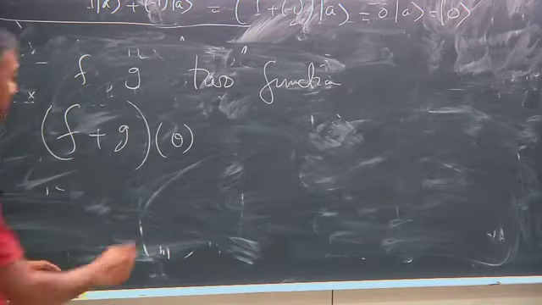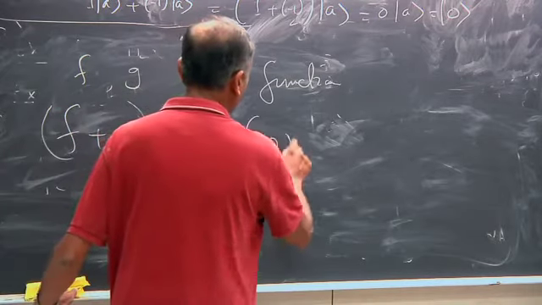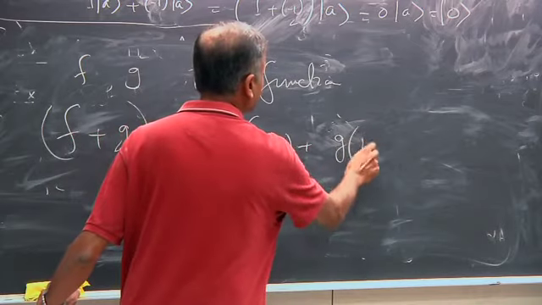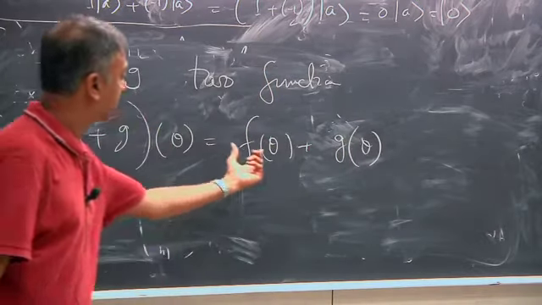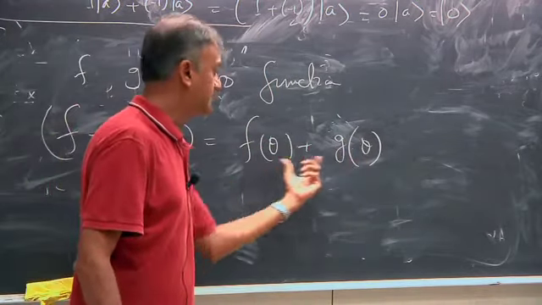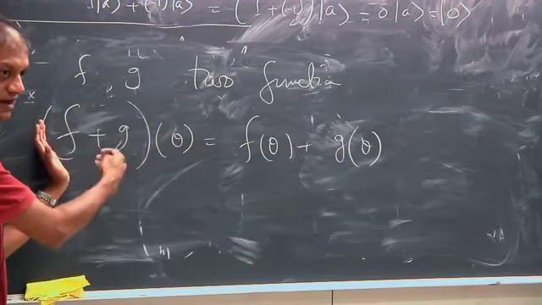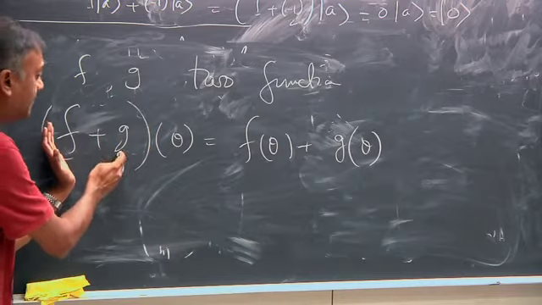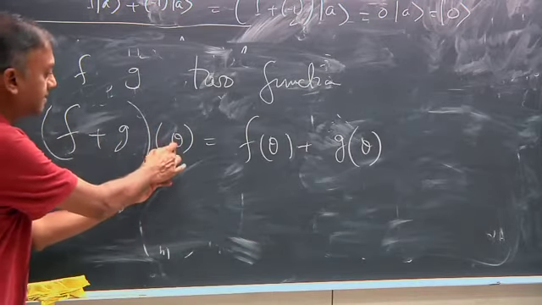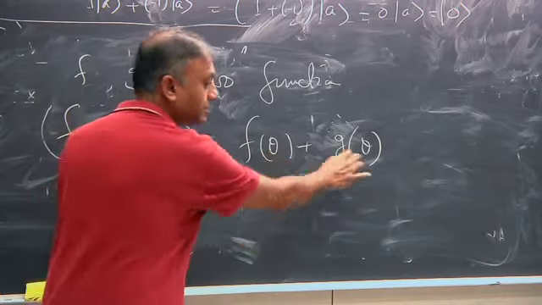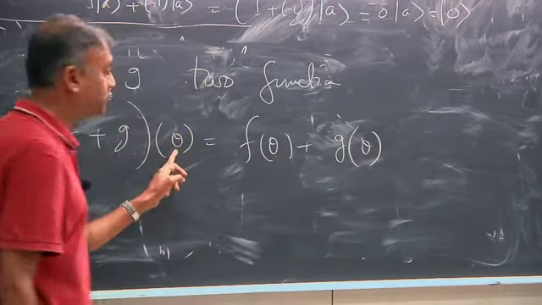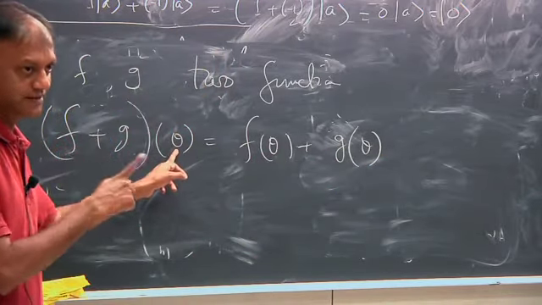That's again point-wise addition: f of theta plus g of theta. This is a complex number, that's a complex number, and the sum of these two is again a complex number. What I'm saying is that f plus g is a function such that when you evaluate it at theta, that is the same as this number plus that number. And that should be true for every theta.